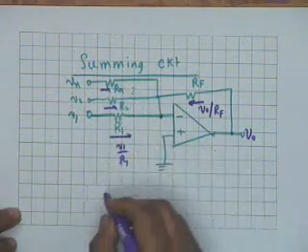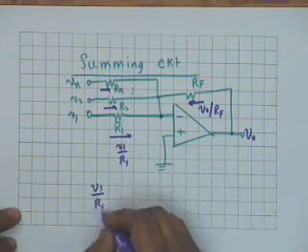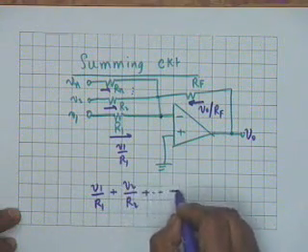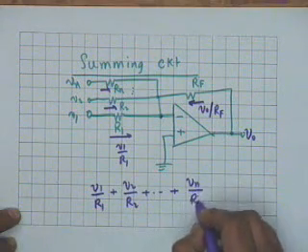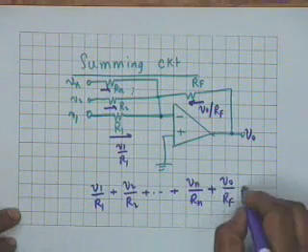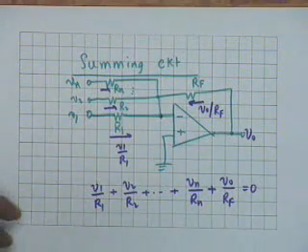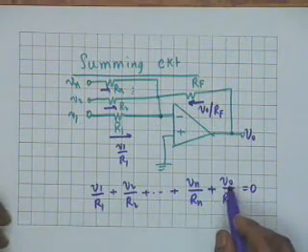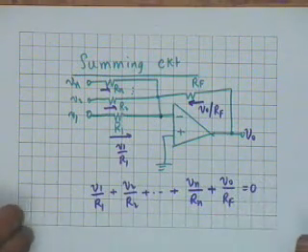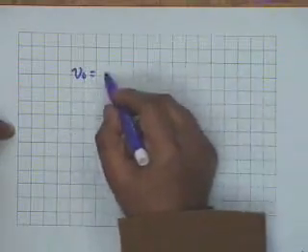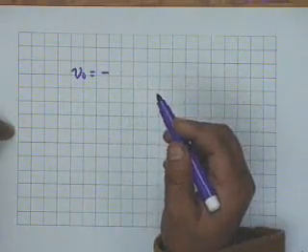Alright. And therefore, what you get by KCL is V1 by R1 plus V2 by R2 plus etc. plus Vn divided by Rn plus V0 divided by Rf, this should be equal to 0, and therefore you can find out the value of V0, the output voltage, and simple algebra shows that the output voltage V0 is equal to minus, there is a negative sign.